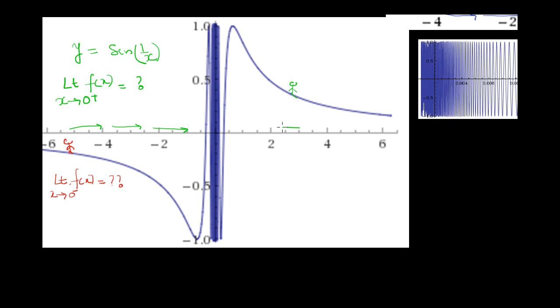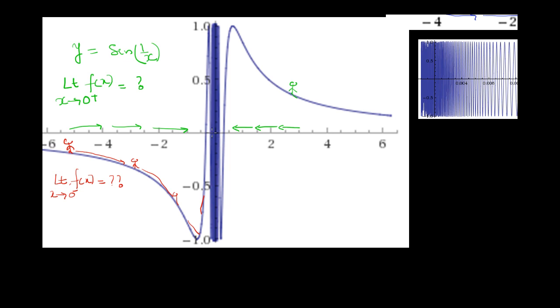Here also x is becoming 0 from this direction. Both start running. This person starts moving, he reaches here, he goes along like this. Then again he comes down, again he goes up, again he comes down. But what is he heading to? It's not clear. It's not visible.